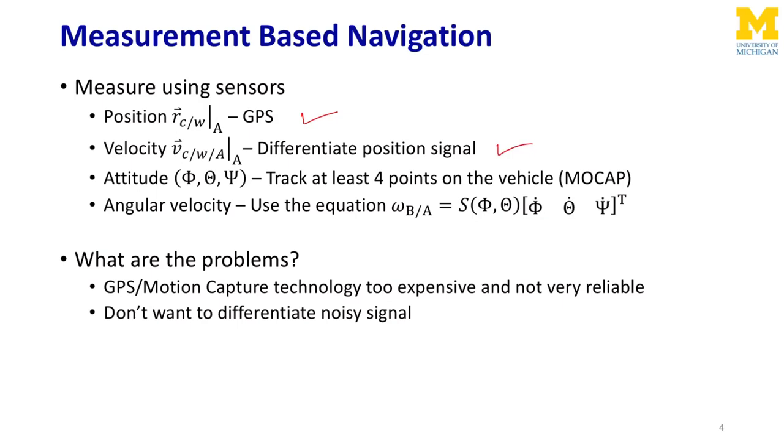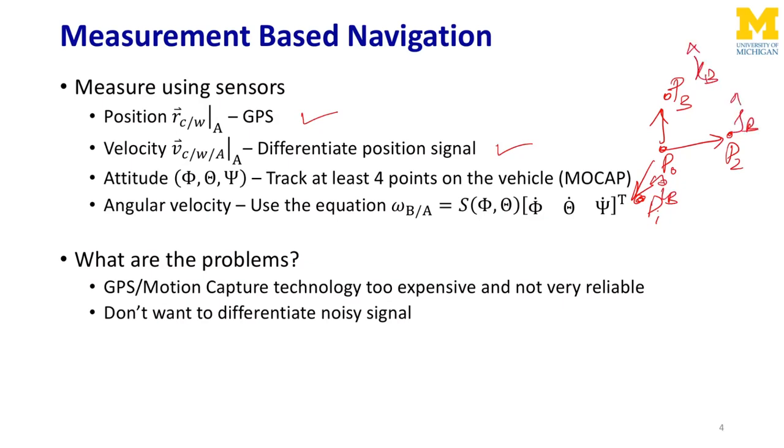And to get the attitude of your body, you can track at least 4 points on the vehicle. You need 4 points to define a frame. You would ideally use 4 points like this, let's say P0, P1, P2, P3. If you measure these 4 points, then you can construct iB, jB, kB.